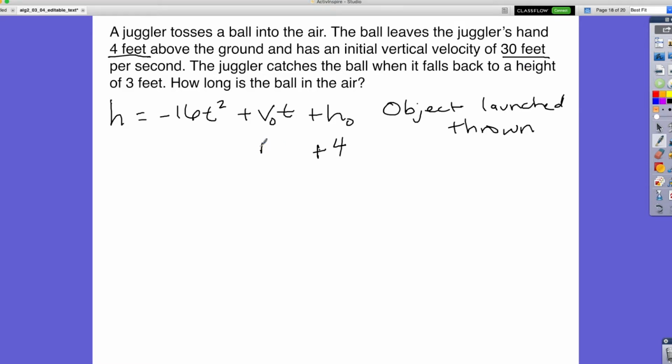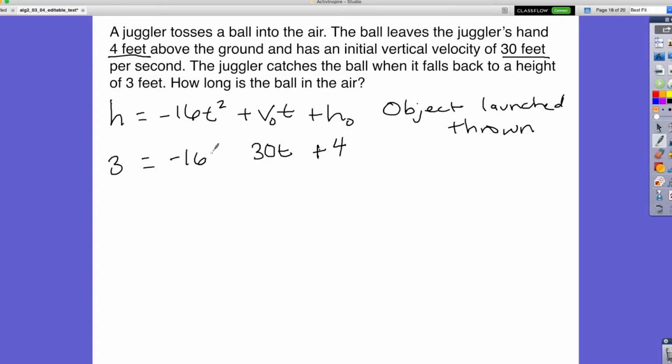I have a feeling that this is going to be my velocity here for 30t. The juggler catches the ball when it falls back to a height of 3. So that's going to be my height right here. How long is the ball in the air?